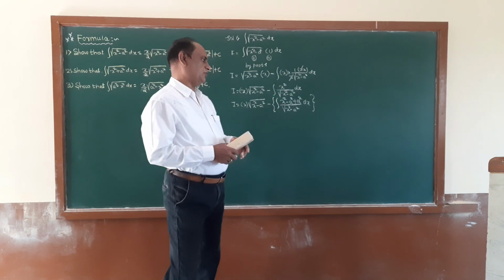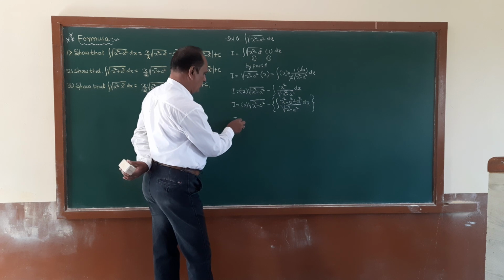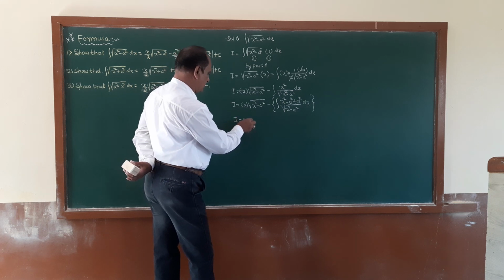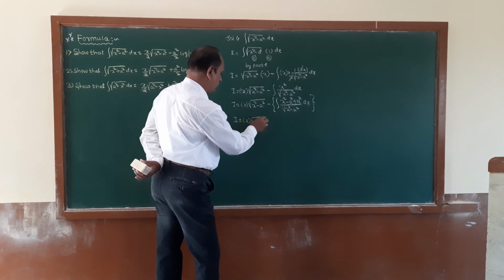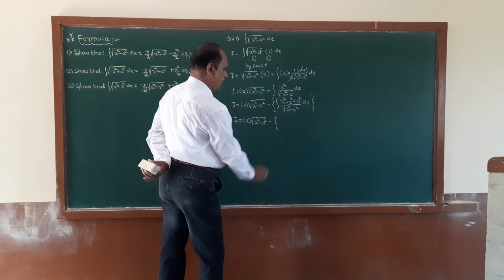Okay, then come to the next one, the final arrangement. So I is equal to x as it is into the square root of x square minus a square inside that. So that is a flower bracket.